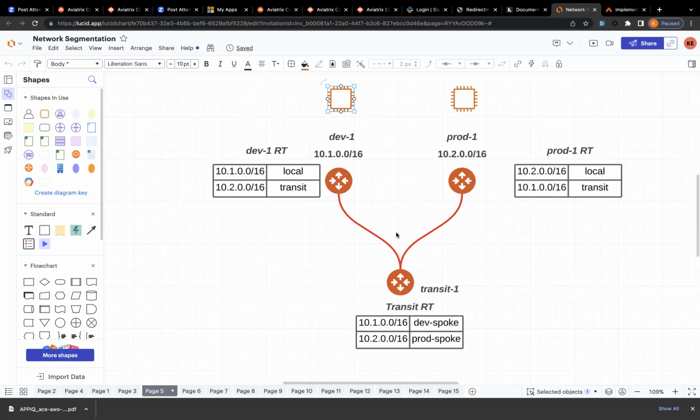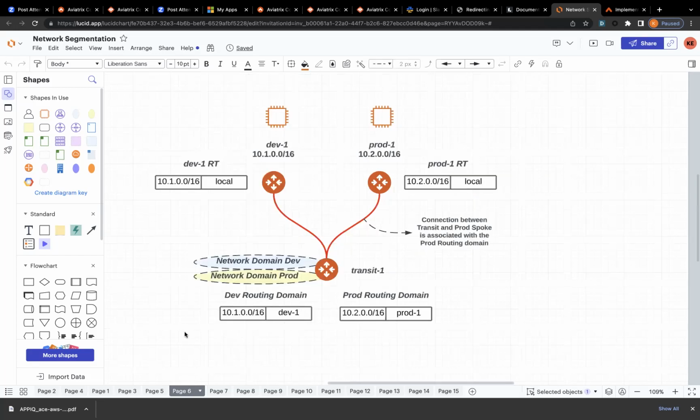Now, the question becomes, what if you want to segment dev from prod? What if you don't want dev to reach prod? So this is where network segmentation comes into the picture. So after you have your spokes and the transits, you attach the spoke to the transit.